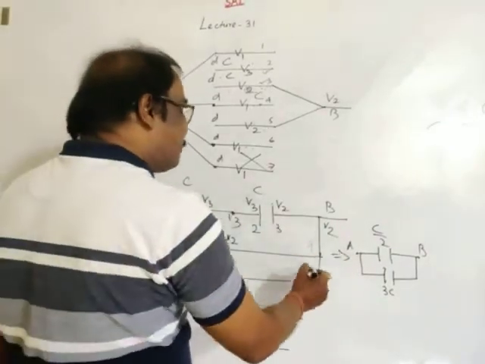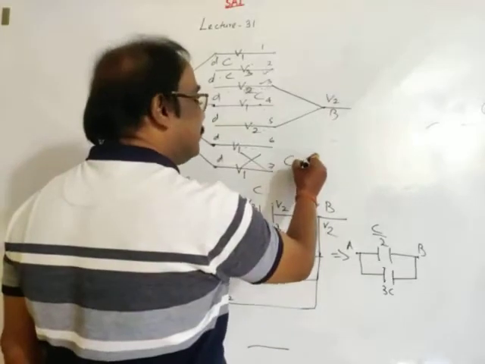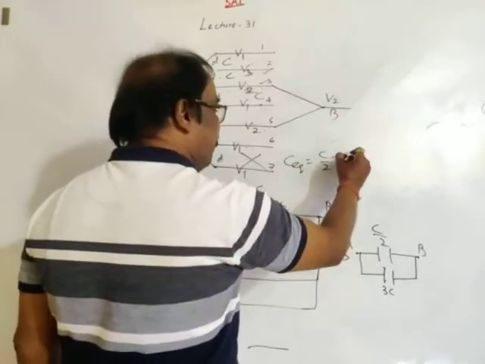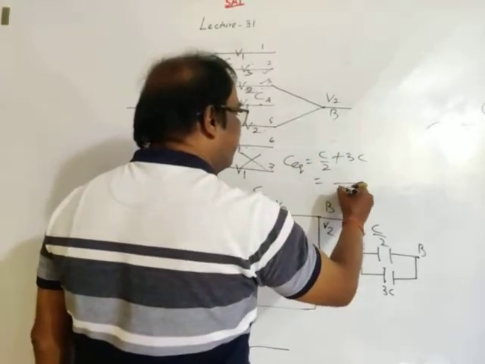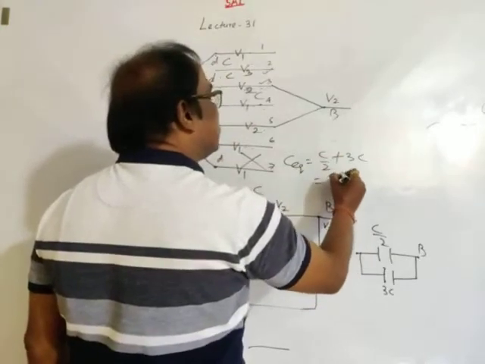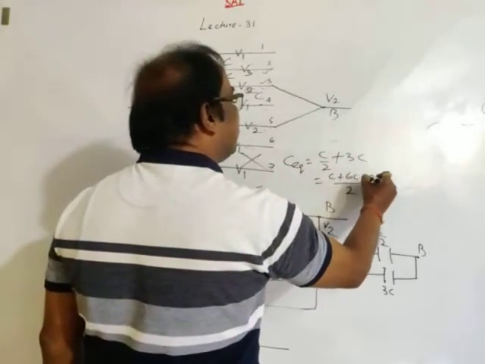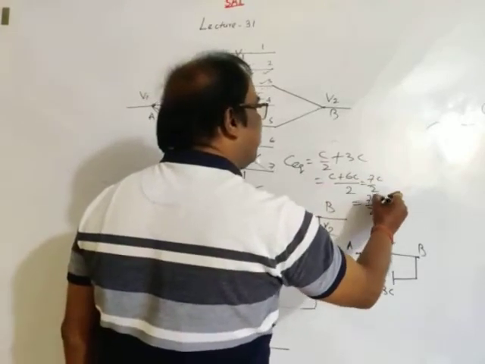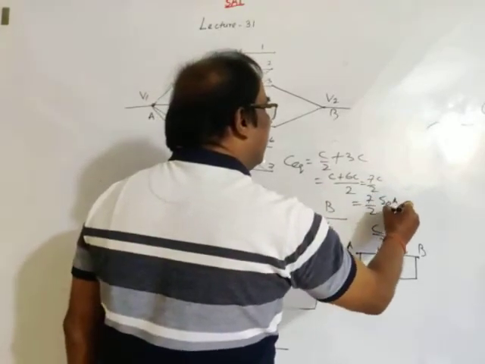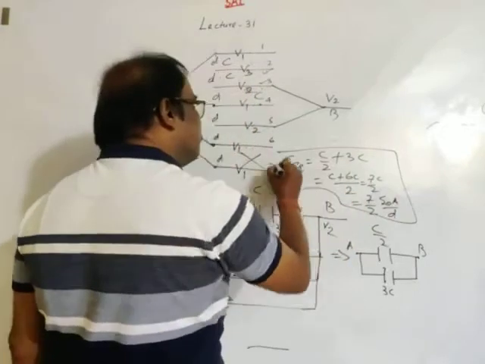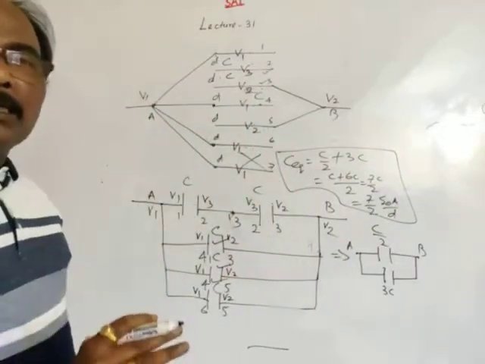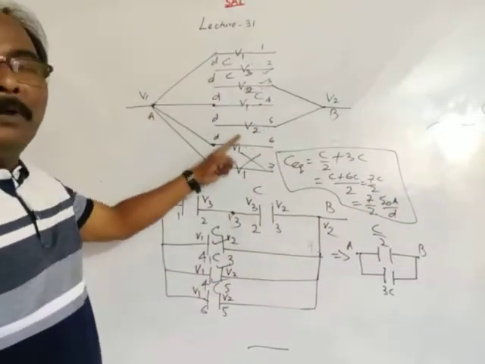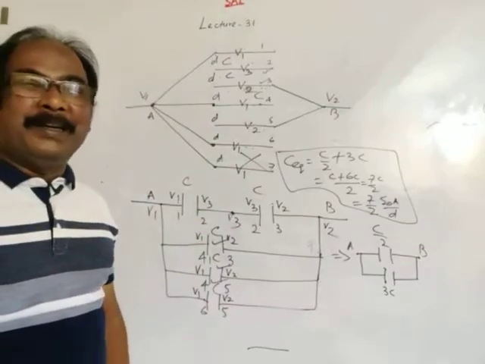Thus add. So equivalent capacitance is C by 2 plus 3C. It will come to 7C by 2, or we may write 7 by 2 epsilon naught A divided by D. This is our answer. Number the plates and name the potentials V1, V2, V3.